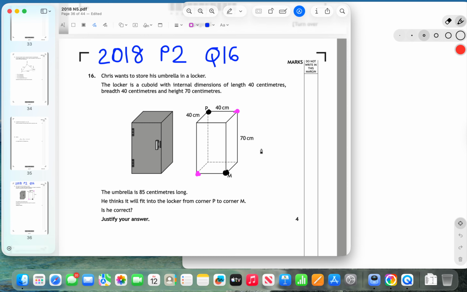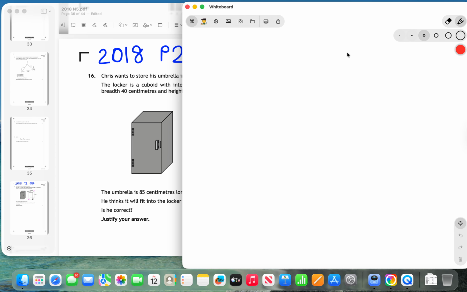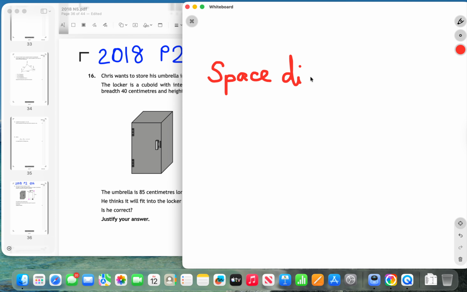So you should know the formula for Pythagoras in a space diagonal, that's 3 dimensions, and the idea is that you want to find the space diagonal. This is one of those ones that you technically can do by finding the face diagonal.